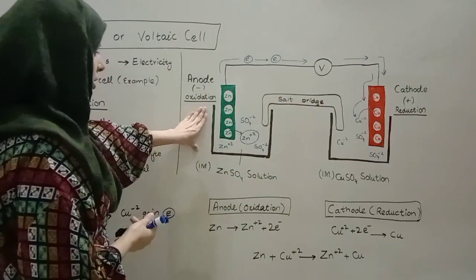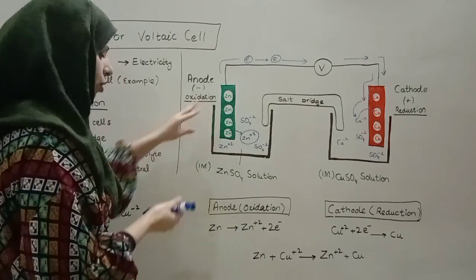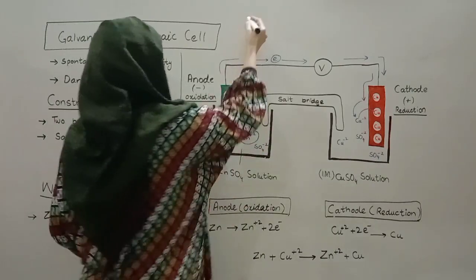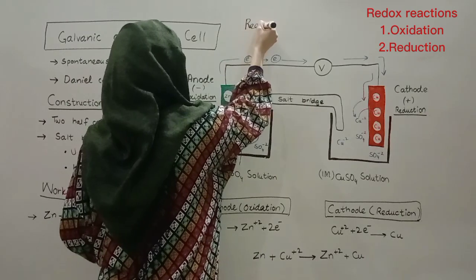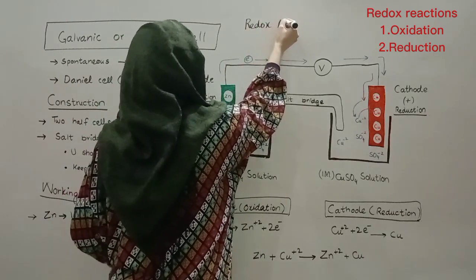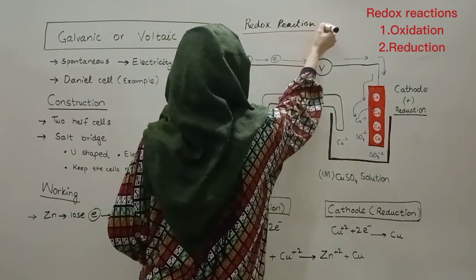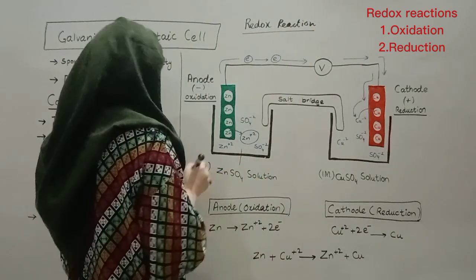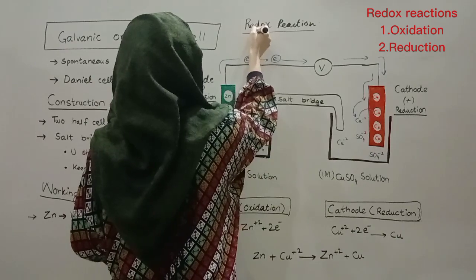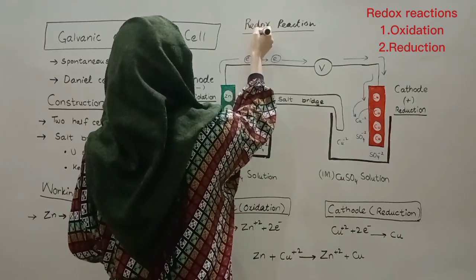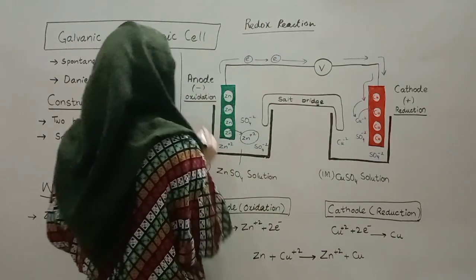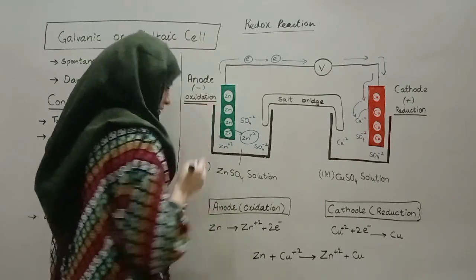Now the redox reactions. Redox reactions are those types of reactions in which oxidation and reduction reactions take place. Let's talk about oxidation.